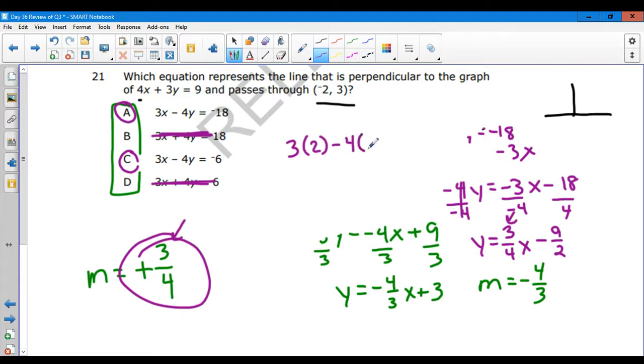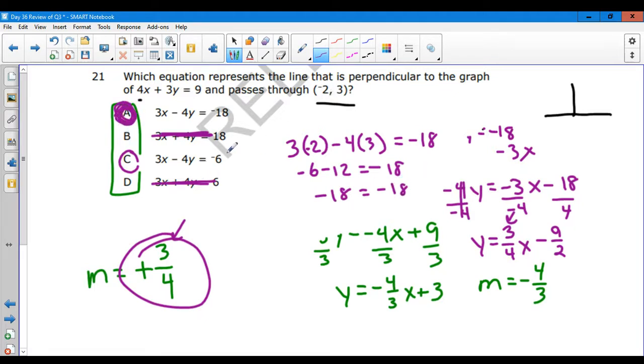So minus 4 times 3 equals negative 18. And you get 6. Oh, that's supposed to be a negative 2. Make sure you copy things correctly. So I get negative 6, minus 12 equals negative 18. Negative 6 minus 12 is negative 18. So I found the right answer.